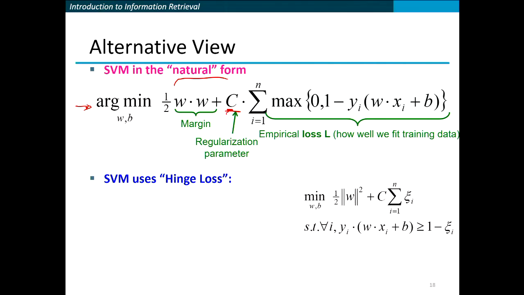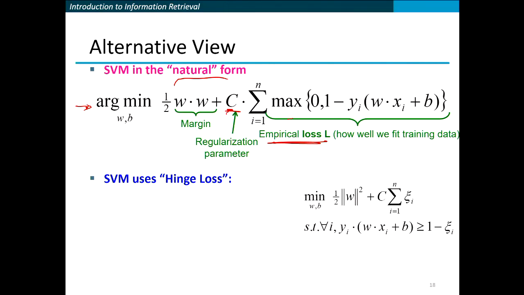Basically, everything here is called the empirical loss L. It means how well we fit the data.